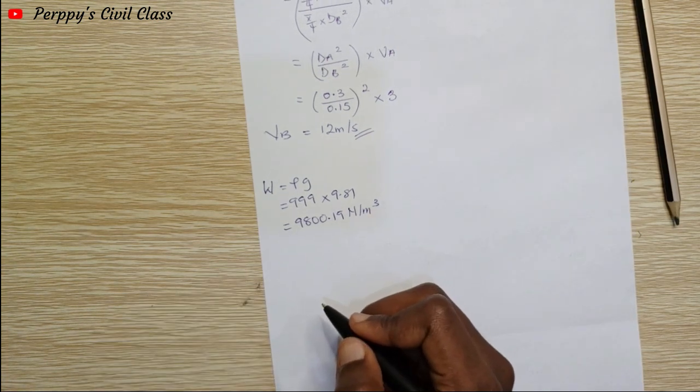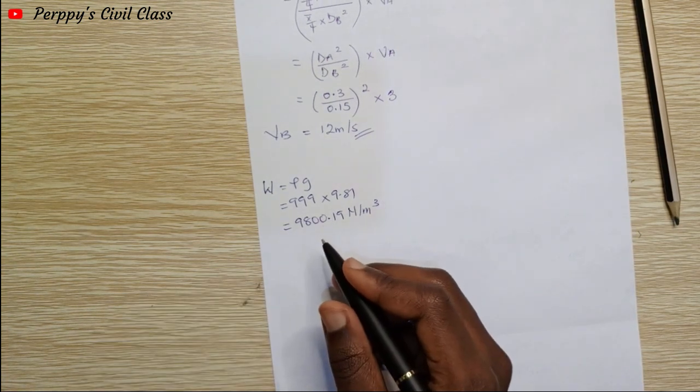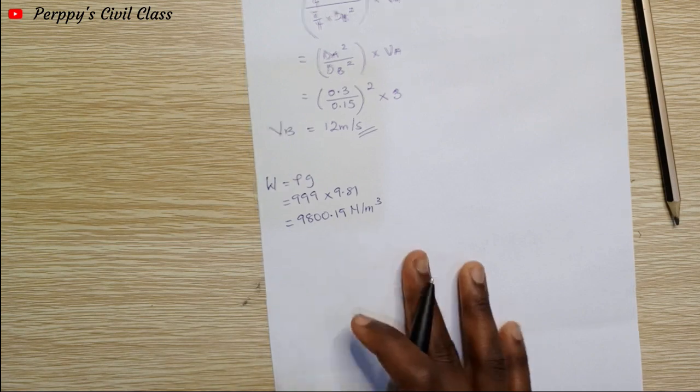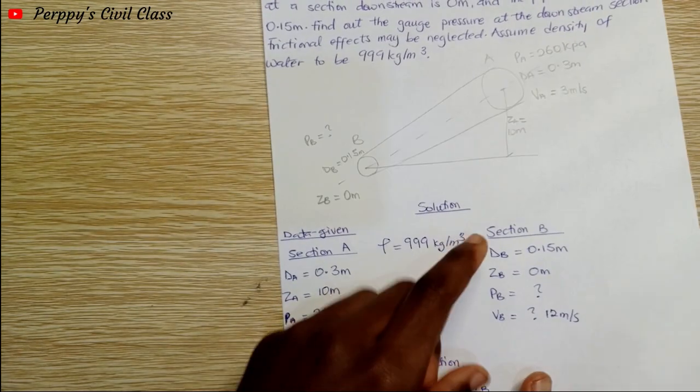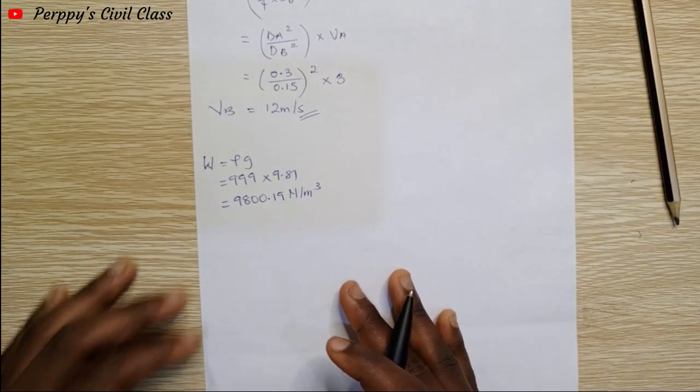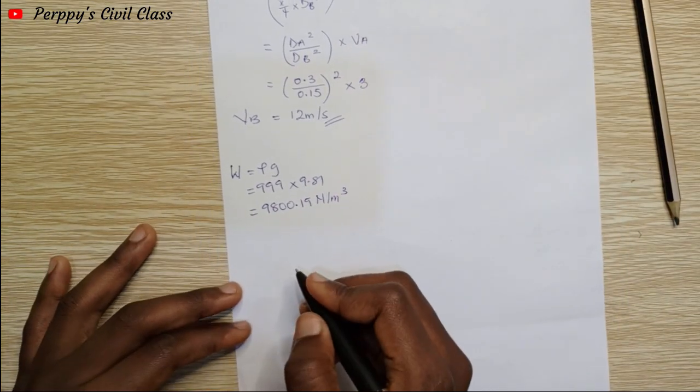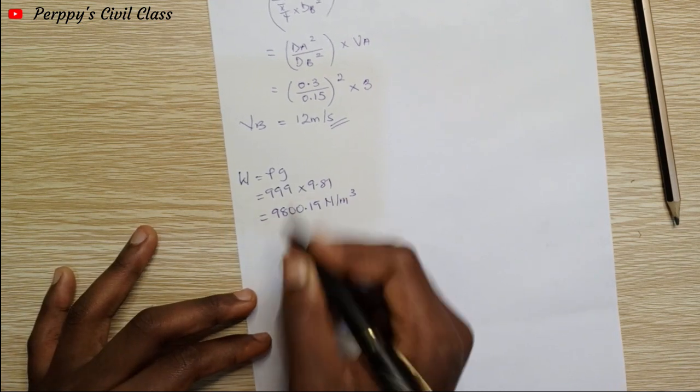Since we have this, we can go ahead and calculate the gauge pressure at B, and we will be needing Bernoulli's equation.